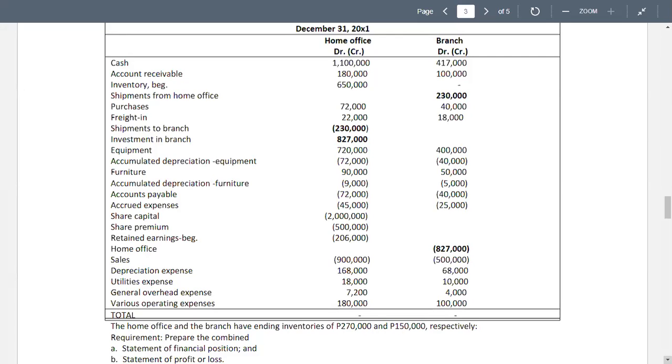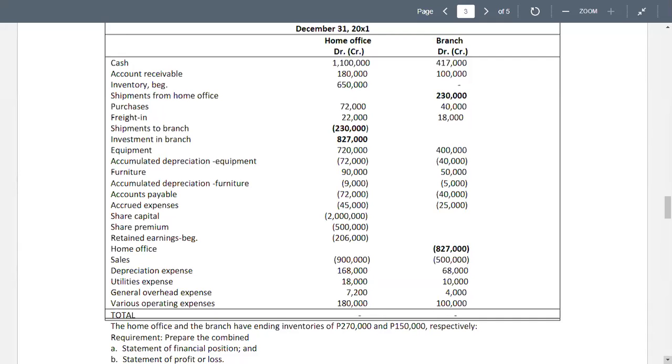You can see it down after retained earnings beginning. The home office account balance is 827,000 being a credit. So in the elimination column, debit 827,000 in connection with our elimination entry. Actually, we debit home office and credit investment in branch.